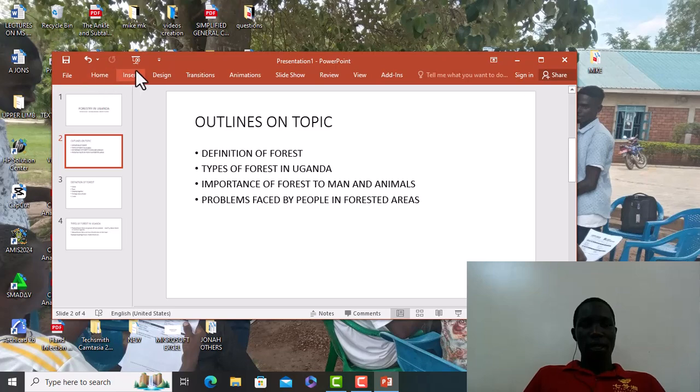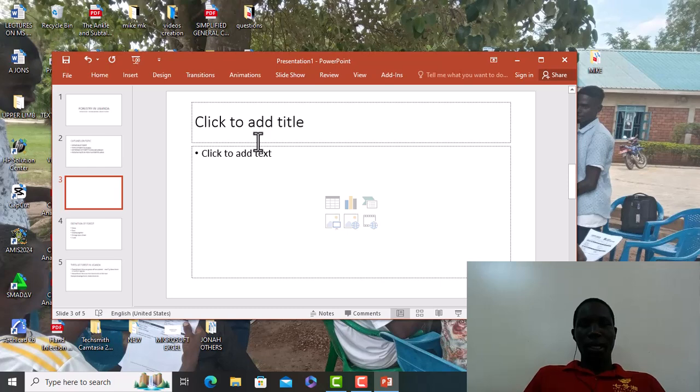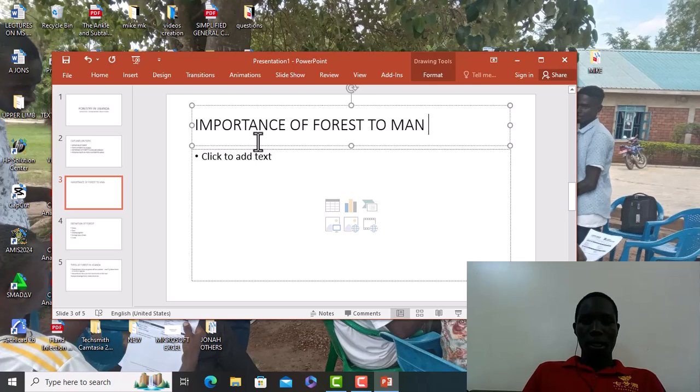So I come to insert. Here we have the importance of forest to man and animals.